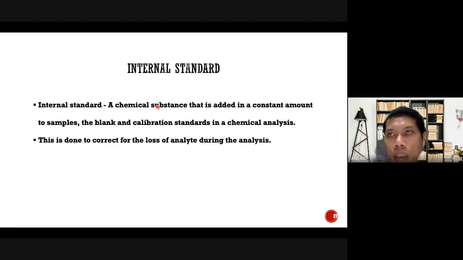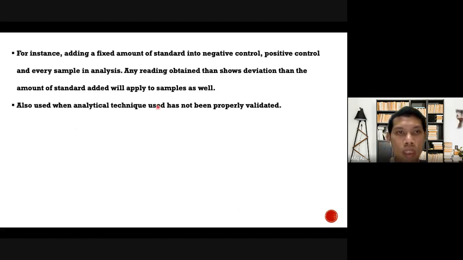This is done to correct for the loss of analyte during the analysis. For example, adding a fixed amount of standard into the negative control, positive control and every sample. Any reading that shows deviation, the amount of standard added will apply to the sample as well.